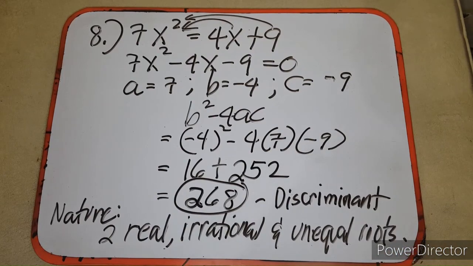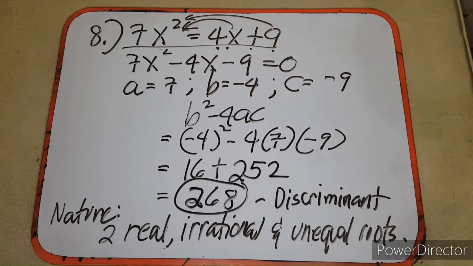Again, in other words, if we're going to solve this given quadratic equation using any method in solving quadratic equations, we'll find out that its solutions are not exact. Just like I am telling you, yung solutions niya may iwan pang radical sign because the solutions are not exact. So that's how we answer example number 8.